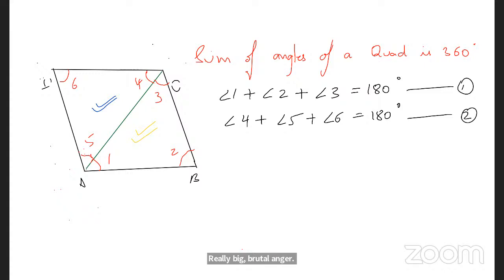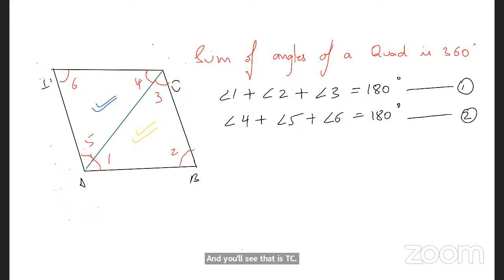It's not vertically opposite. It's not vertically opposite, but they... BCD. Okay, what I meant to say is angle 3 and 4 will together form angle C, that is BCD.